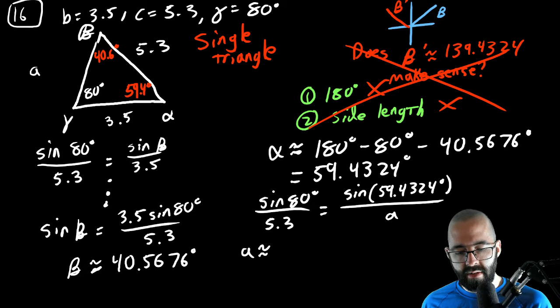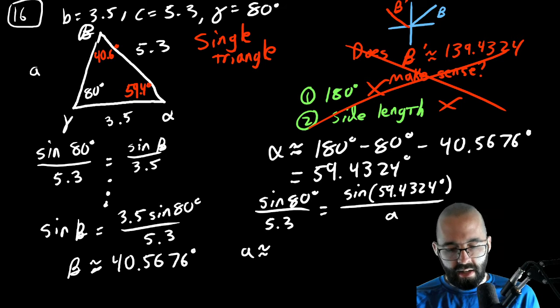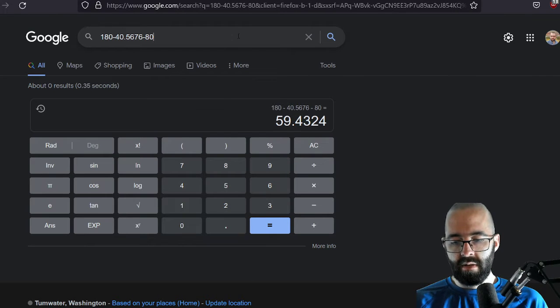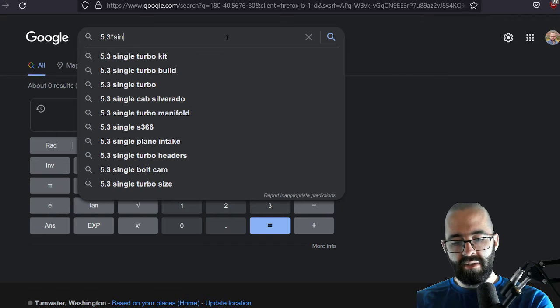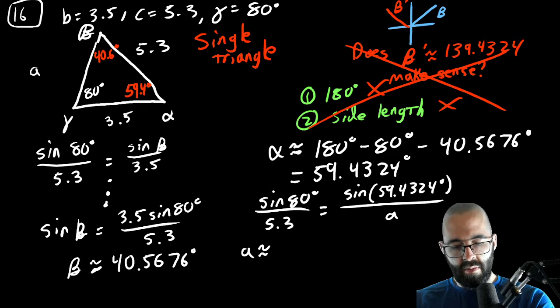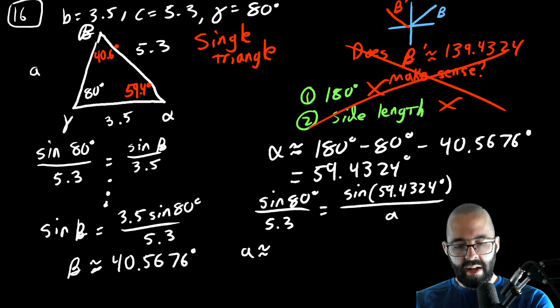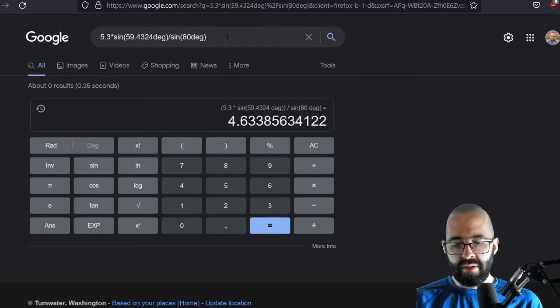And again, you can solve this in the same way. You're going to get A is 5.3 times the sine of 59.4324 degrees divided by the sine of 80 degrees. And A is about 4.6.